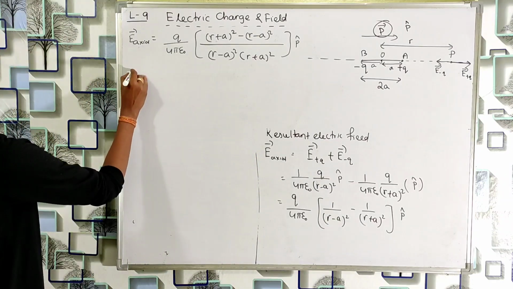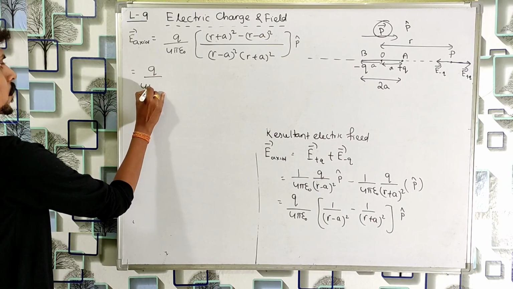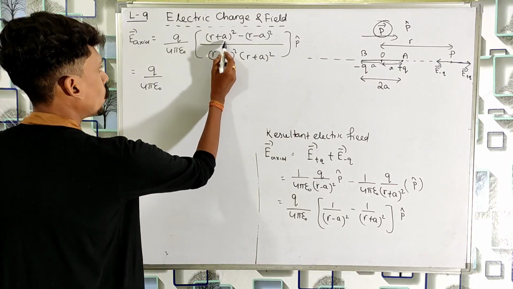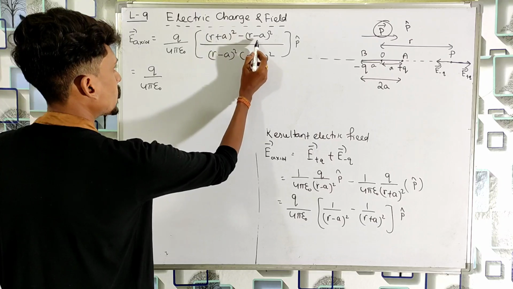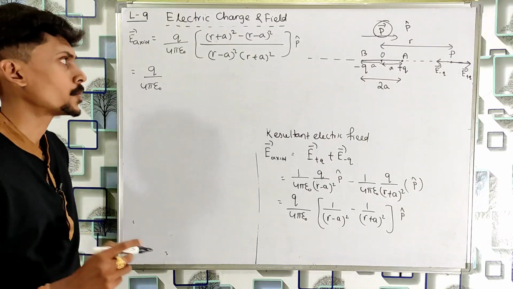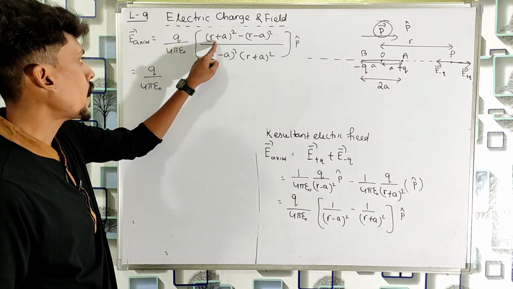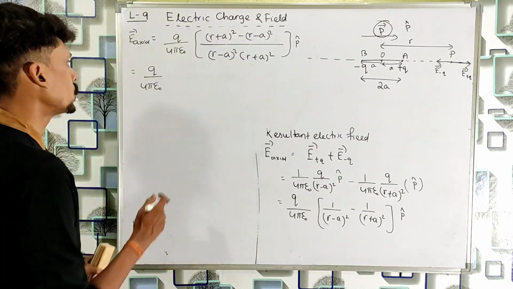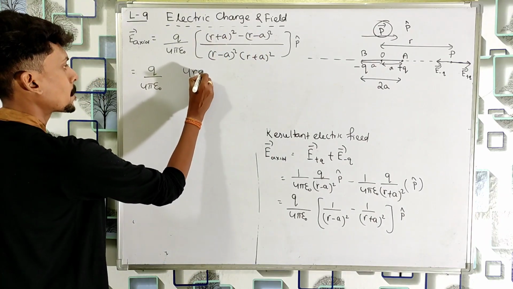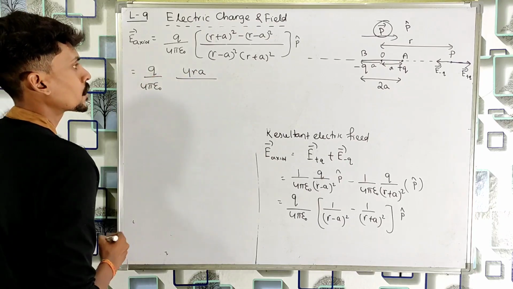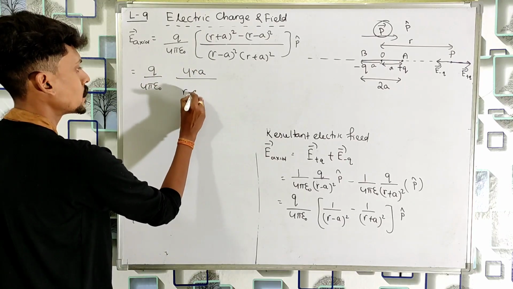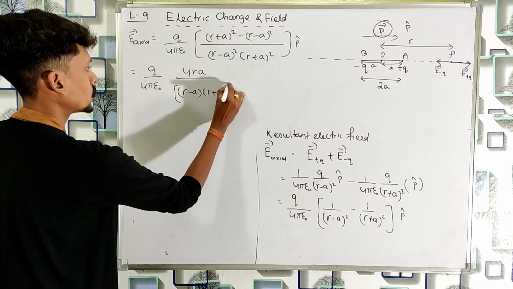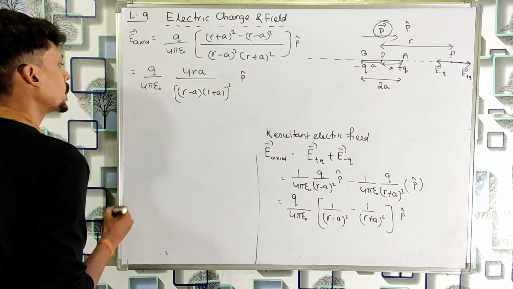So we'll get Q by 4 pi epsilon naught. A plus B whole square minus A minus B whole square is 4AB. So here we have R plus A whole square minus R minus A whole square. So this will be 4RA divided by, this one will be R minus A into R plus A whole square into P cap.